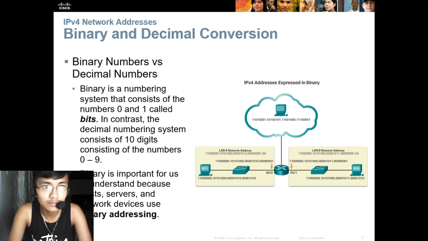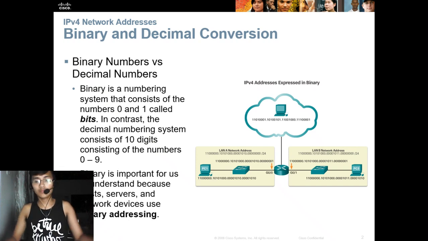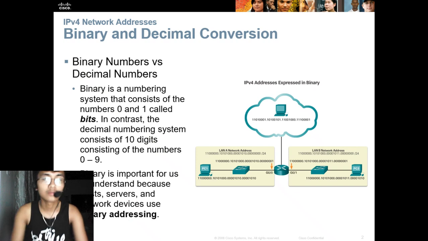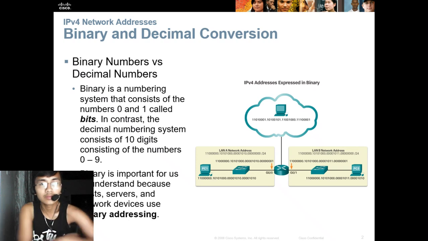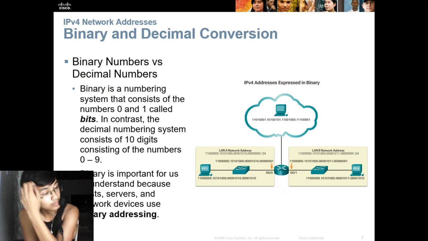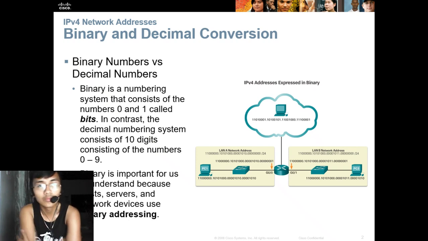This slide talks about the difference between binary and decimal. The binary only uses the digits 0 and 1, which are also called bits.